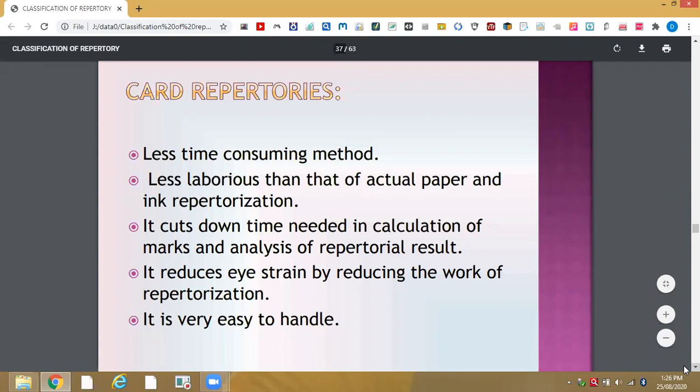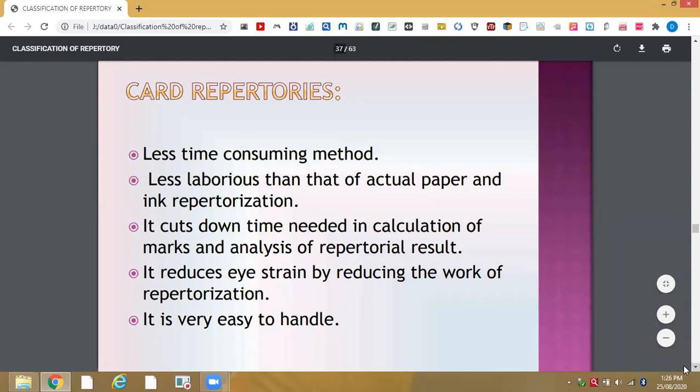So the card repertories, compared to the other repertories, are a less time consuming method, less laborious than the actual paper and ink repertorization. It cuts down the time needed in calculation of marks and analysis of repertorial result.